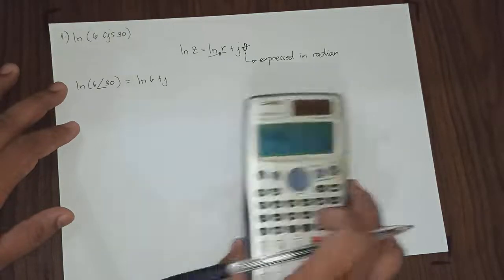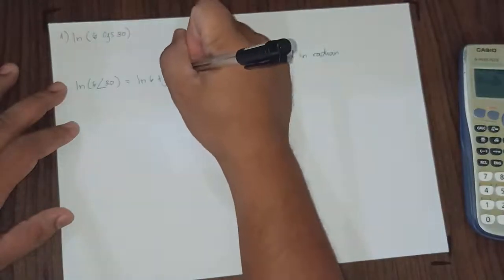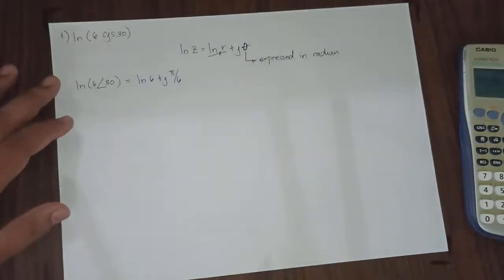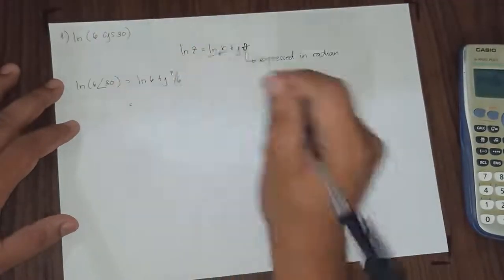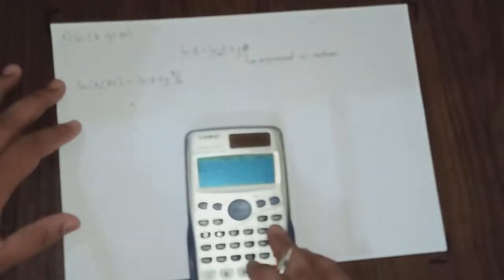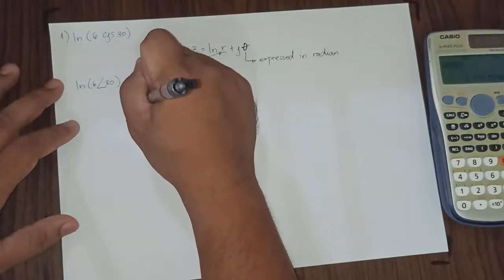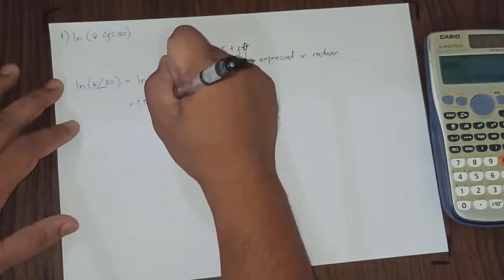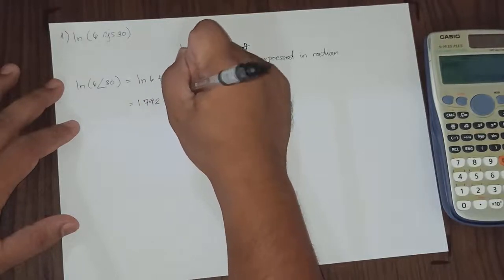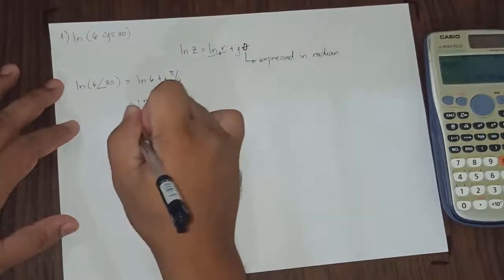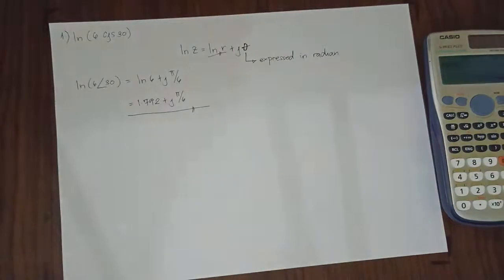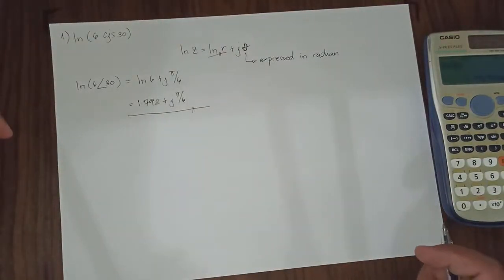That is pi over 6. Yan. Or that is, siyempre kukunin natin yung value ng log of 6. 1.792 plus j pi over 6. Yan yung kanyang sagot. Okay?